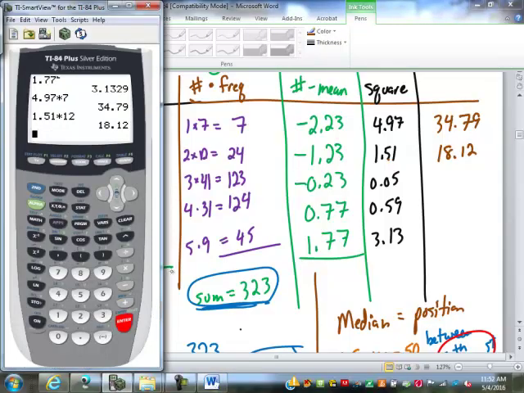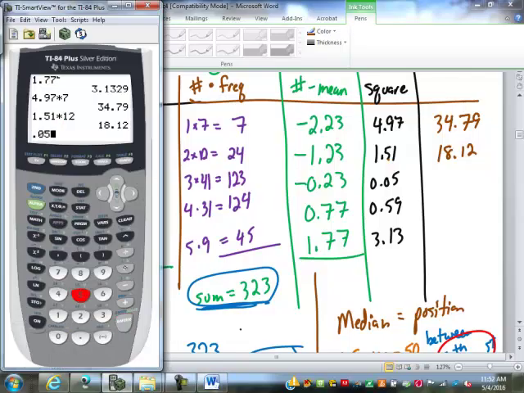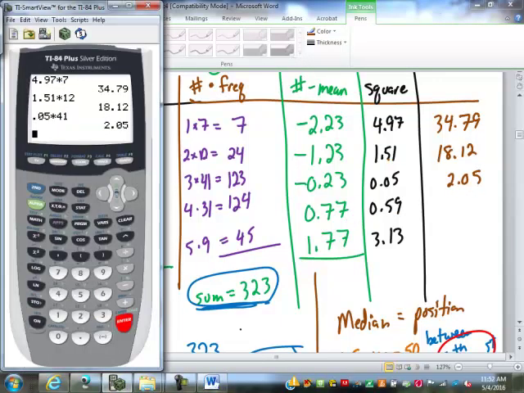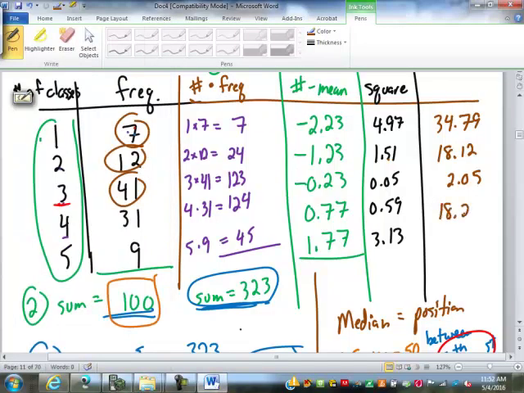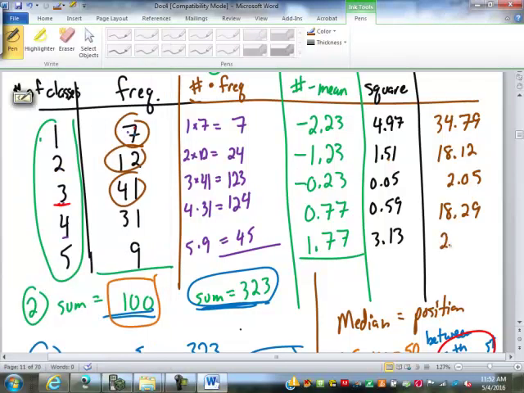Do the 0.05 times the frequency of 41 for the 3's. 2.05. The 0.59 times 31. 18.29. And the 3.13 times 9. 28.17.